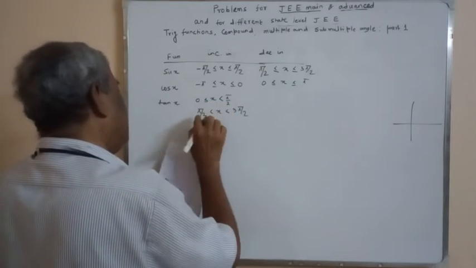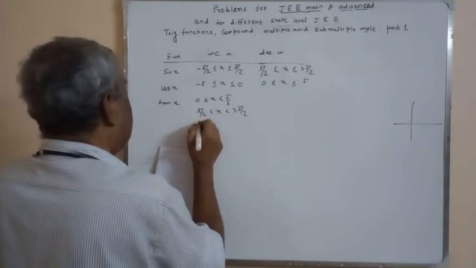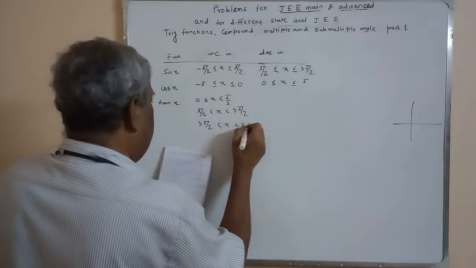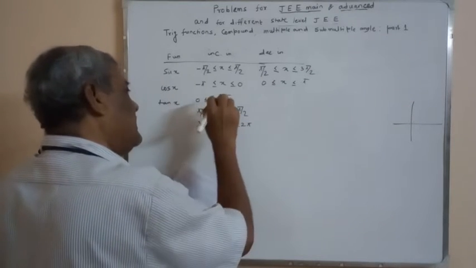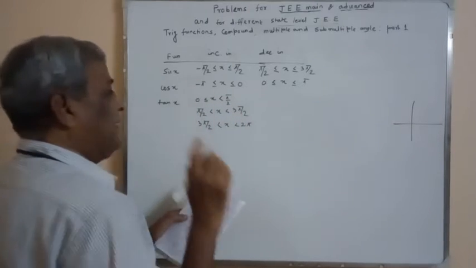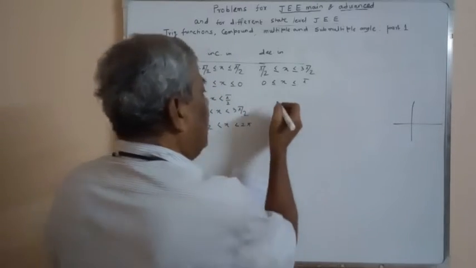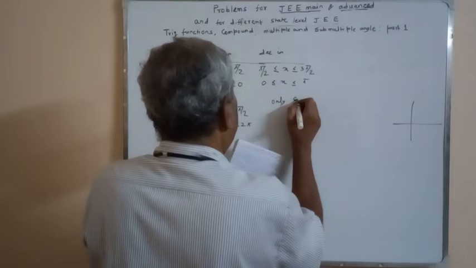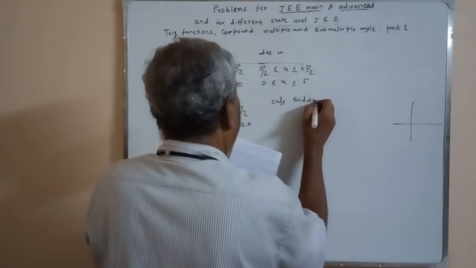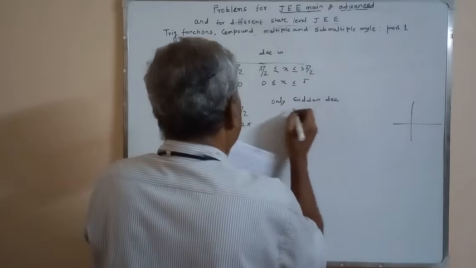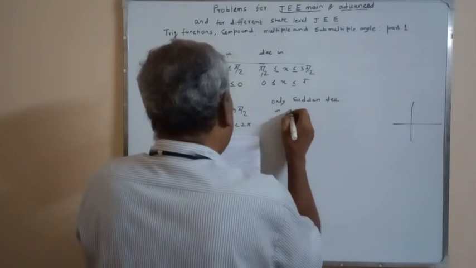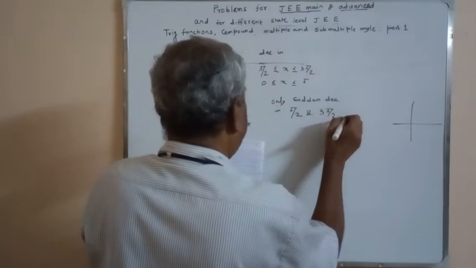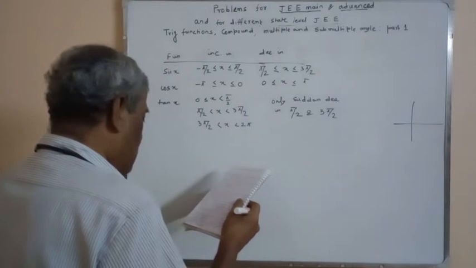Tan x is increasing there also, and 3 pi by 2 less than x less than 2 pi. So tan x is increasing in this interval and in that interval. And only sudden decrease at pi by 2 and 3 pi by 2. That's all.